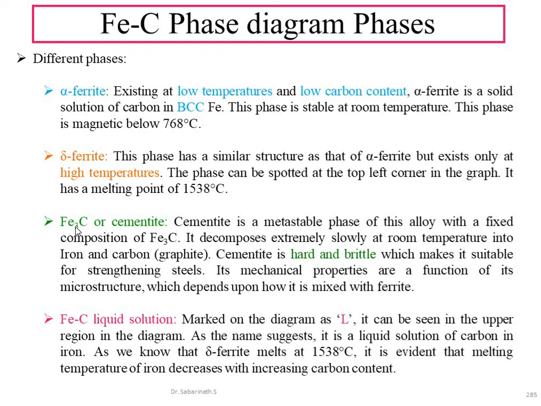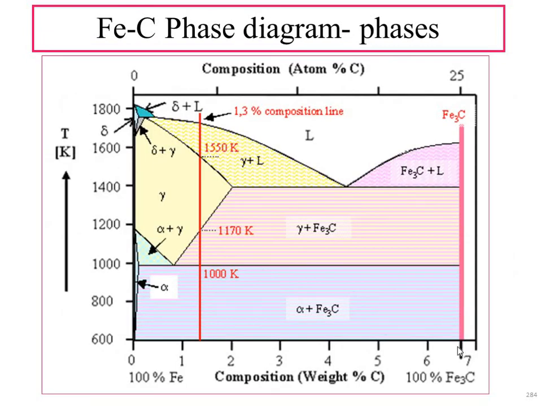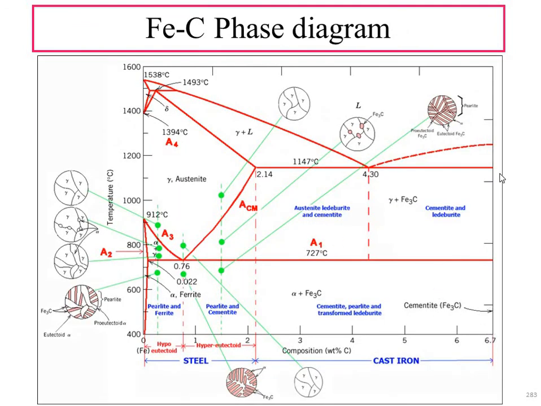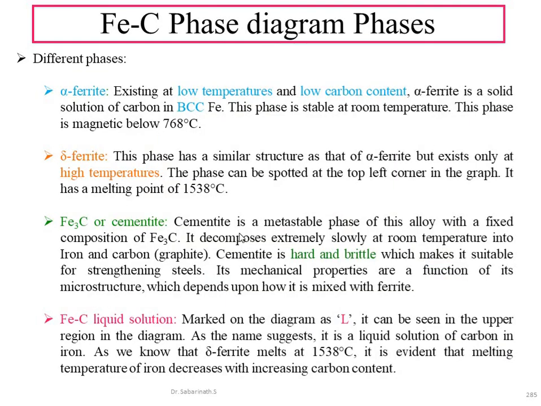Cementite is a metastable phase of the alloy with a fixed composition of Fe3C. That means it occurs only at 6.7 percent carbon. At this point, it will turn into iron carbide. It decomposes extremely slowly at room temperature into iron and carbon. Cementite is very hard as well as brittle.